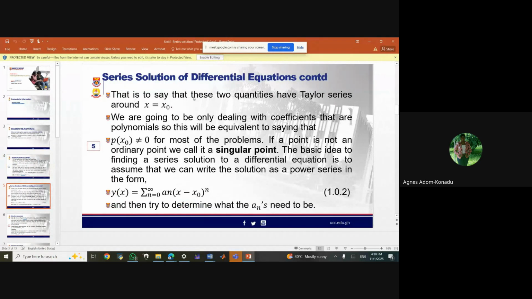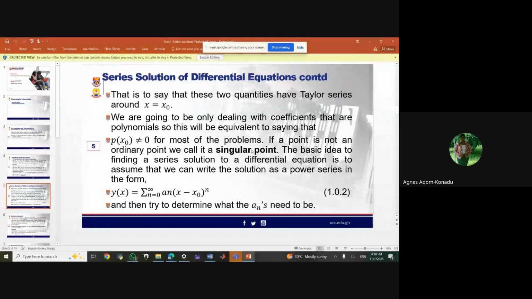That is to say that these two quantities have Taylor series around x equal to x naught. We are only going to be dealing with coefficients that are polynomial, so this is equivalent to saying that P of x naught is not equal to 0 for most of the problems. If a point is not an ordinary point, we call it a singular point.